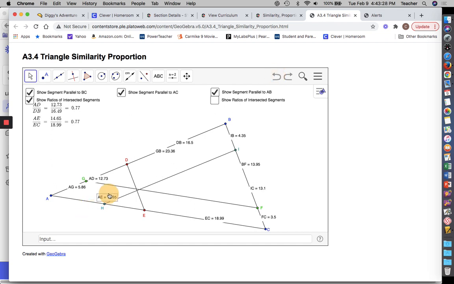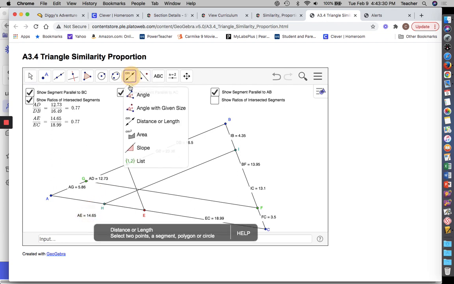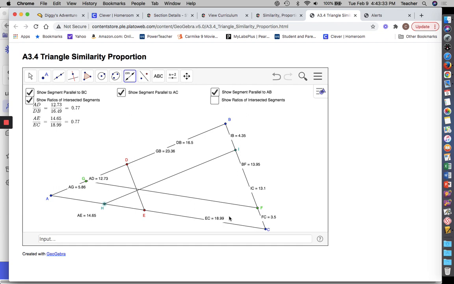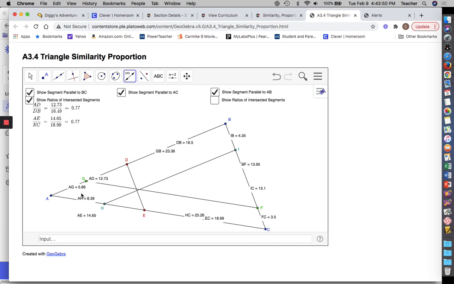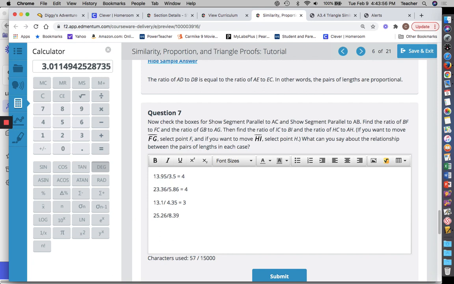I need to move this, not H. Let's click distance H, C, and A, H. So HC is 25.26 and AH is 8.39. I'm going to divide that. 25.26 divided by 8.39. Roughly I get a 3. So again, they're proportional to each other.